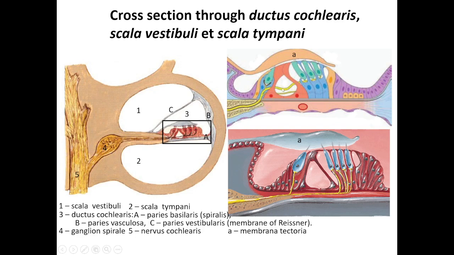So membrana tectoria. And what is letter B? The so-called tunnel of Corti, surrounded by the pillar cells. Here they are, pillar cells, in orange color.